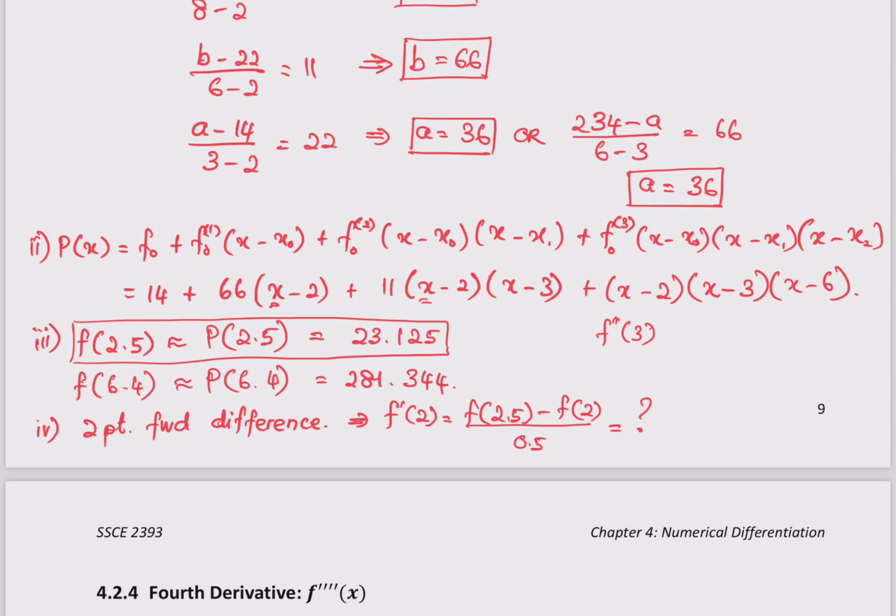For the second derivative, I think the only possible formula is the 3-point backward formula.